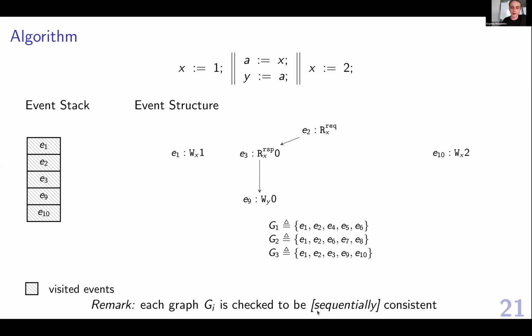For example, if we're aiming to generate only sequentially consistent graphs, we can accidentally create a read-from option that is not sequentially consistent. So each time we roll back to a new graph, we check that it is indeed a sequentially consistent graph.